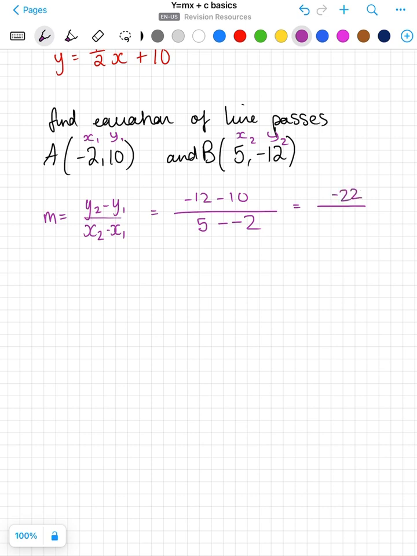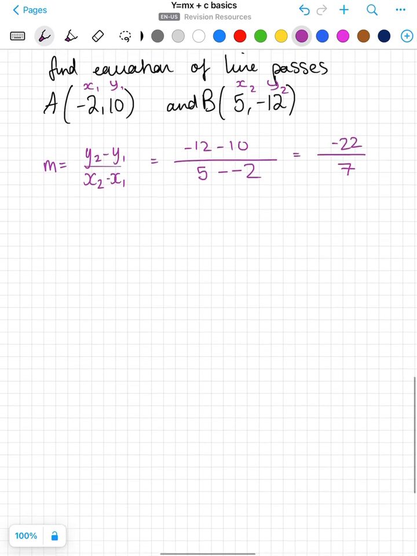That's minus 22 over 7. So we could try and simplify that if we wanted, or make it into a nice decimal, or we could just leave that as a fraction as is. For the purpose of this, we're just going to leave it as a fraction because that is not going to leave us with a very nice decimal. Minus 22 over 7x plus c.